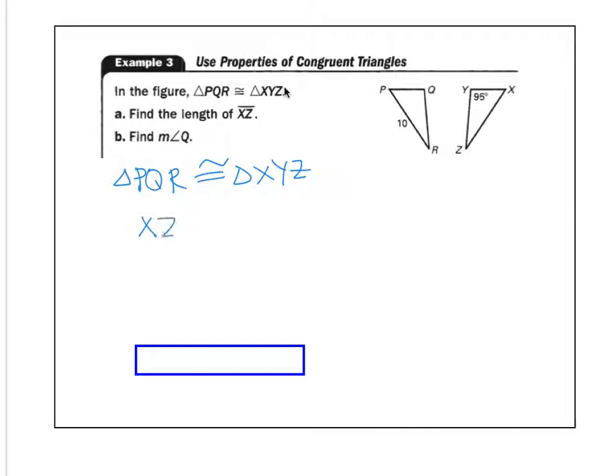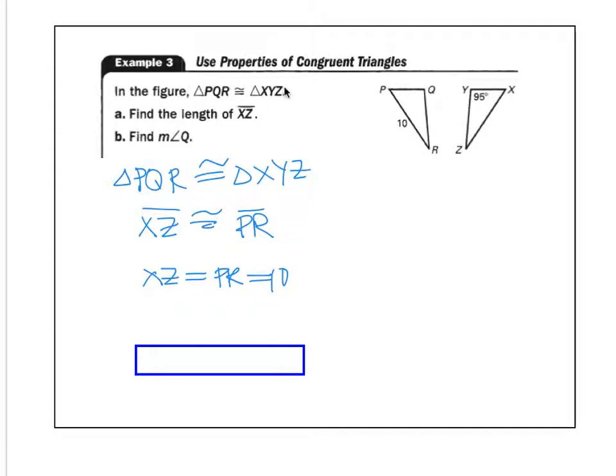So XZ is congruent to PR. Those are corresponding sides. And because PR is 10, the measure of XZ and PR should be the same, and that's 10. Right?